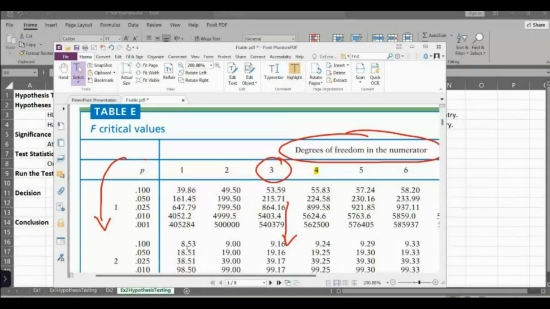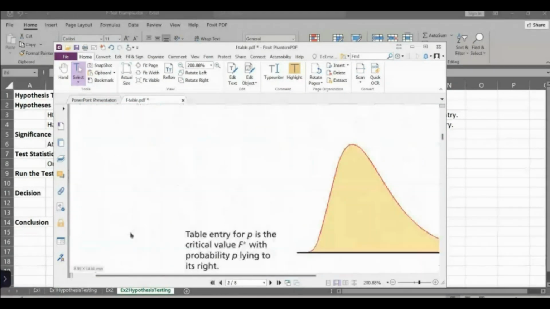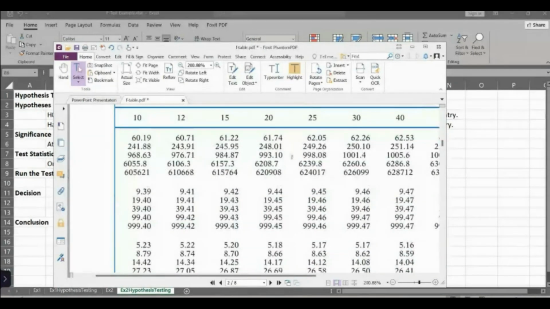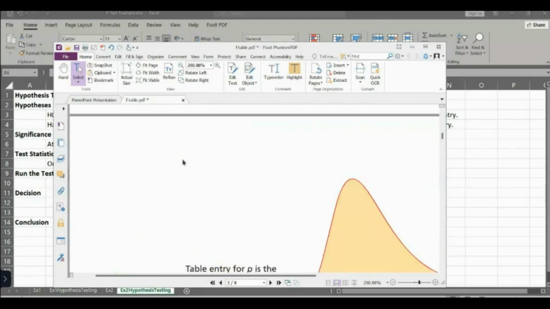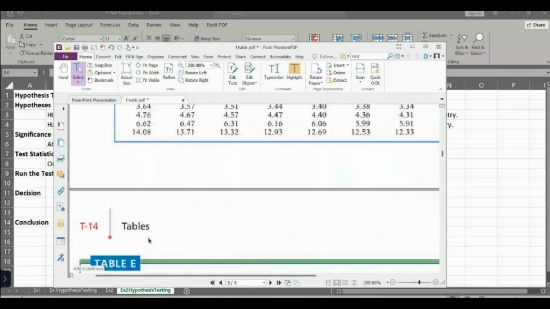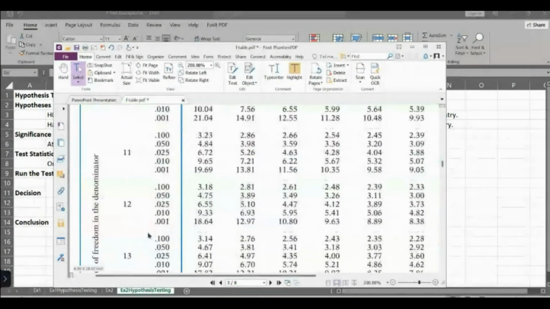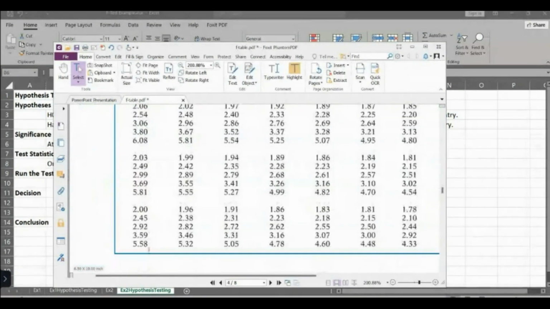Next, we have 20 on the first row. It only goes up to 7 here. Where are the others? 8, 9, 10, 11, 12, 20.